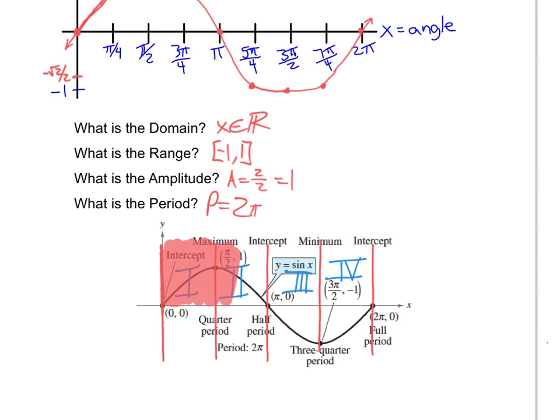Here's quadrant 1 and quadrant 2. Where is our graph of sine? Positive, it's above the x-axis, right? So that means that sine is always negative in 3 and 4. And look, here in 3 and 4, we're below the x-axis. So here we're negative.